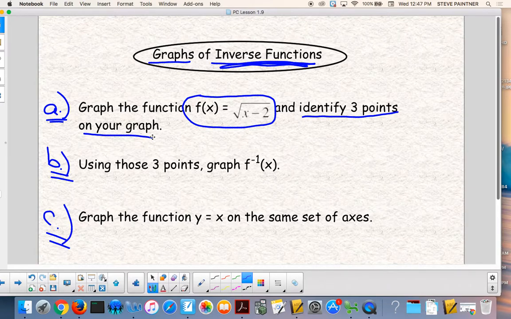Now you have a little bit of room over there, just graph it. And by the way, which parent is this? Square root. It's your square root parent. If you know what your square root parent does, slide it whatever way. I'm not going to tell. Don't say. Just do it.